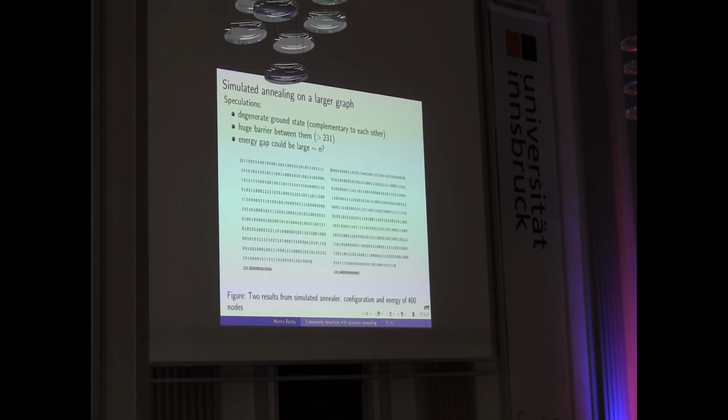Quite strange that this happens. But I think in general, you can study this landscape of energies, perhaps. So this looks like there are two communities, almost equal type of communities. I don't know, this is a hypothesis.